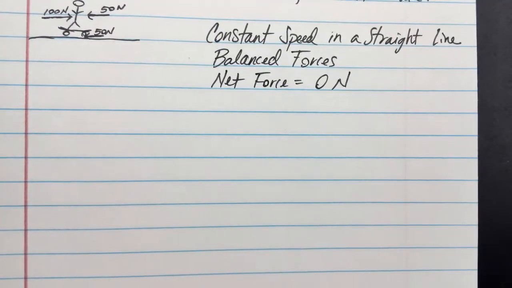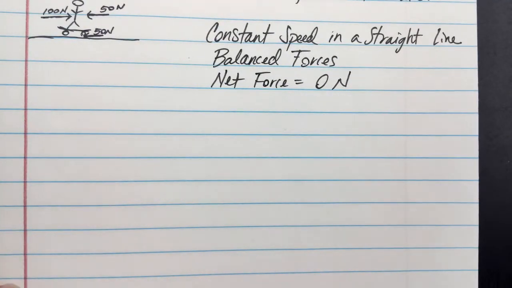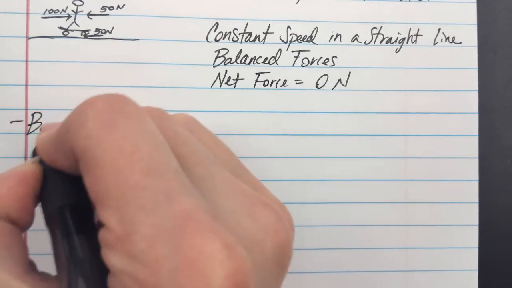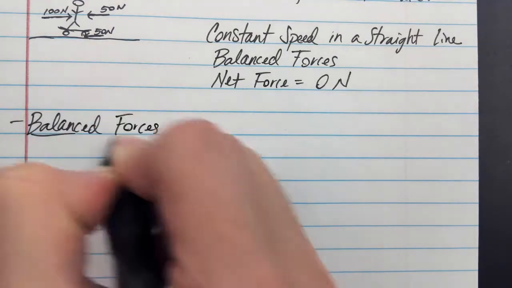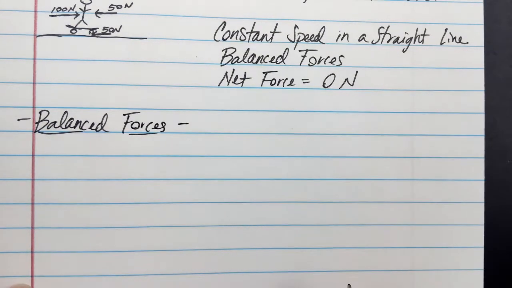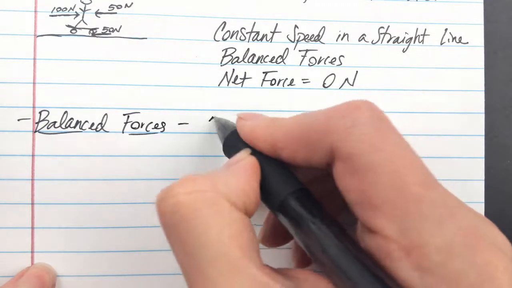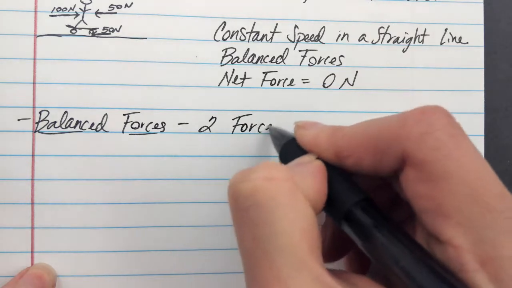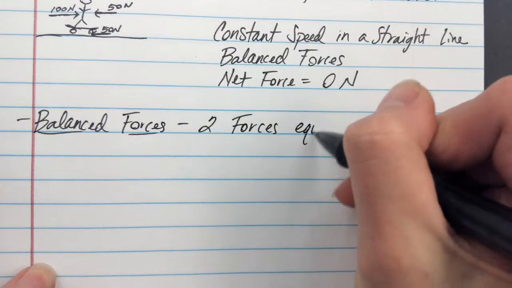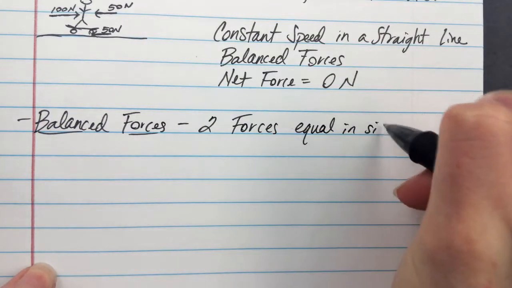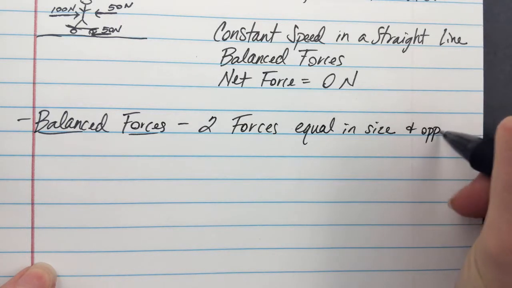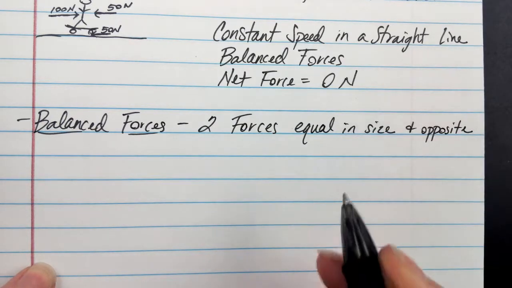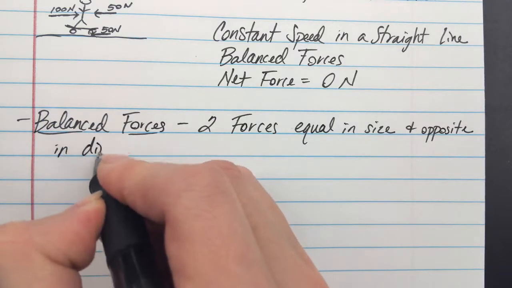Now, let me give you the definition for balanced and unbalanced. We're almost done. Balanced: two forces equal in size and opposite in direction.